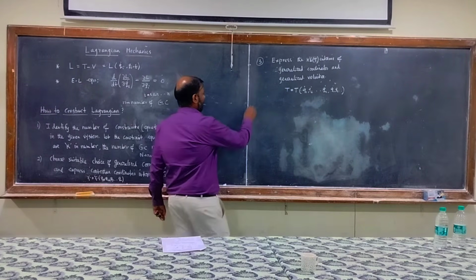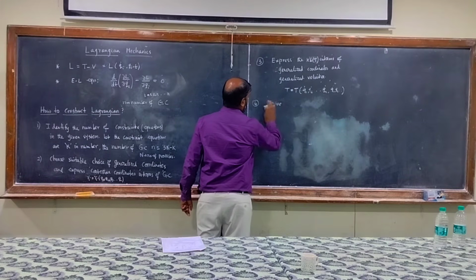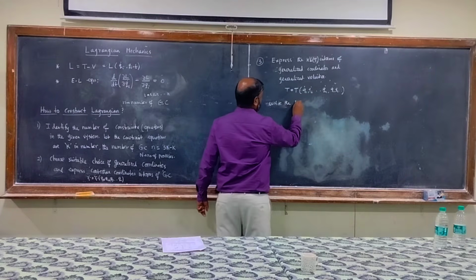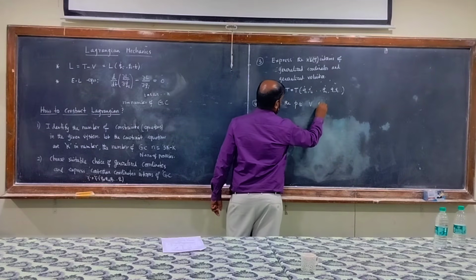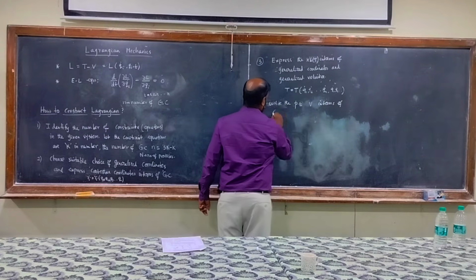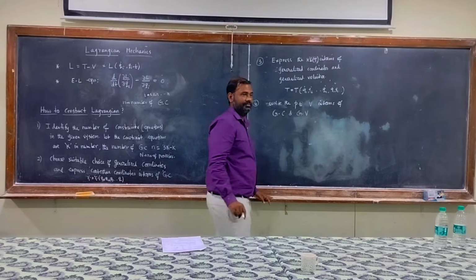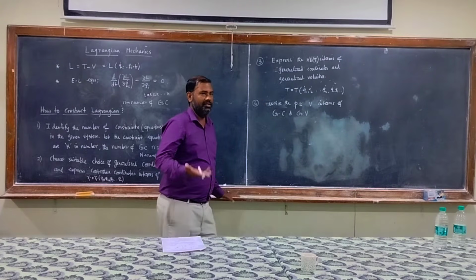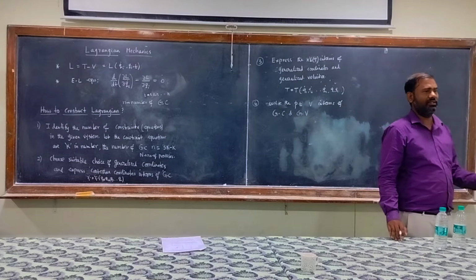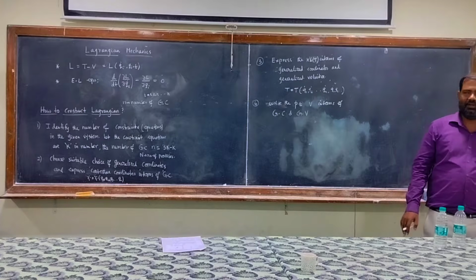Then the fourth step: write the potential energy, again in terms of generalized coordinates and generalized velocities. In general, most cases depend only on generalized coordinates. Very few cases, like a charged body moving in an electromagnetic field, depend on generalized velocity.